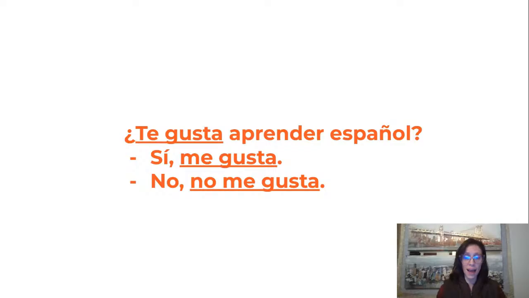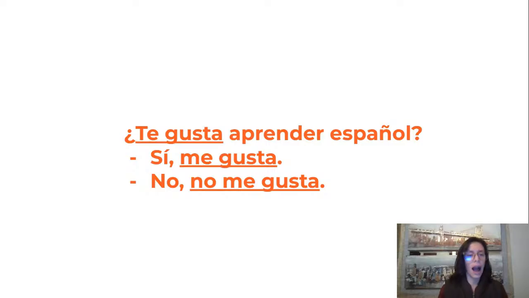What did change? When we ask the question, in English we have do you like, do you like? So we have to use an auxiliary verb. That means this verb do that we are adding in order to create the question, here in Spanish is totally absent, because we don't have auxiliary verbs such as do.